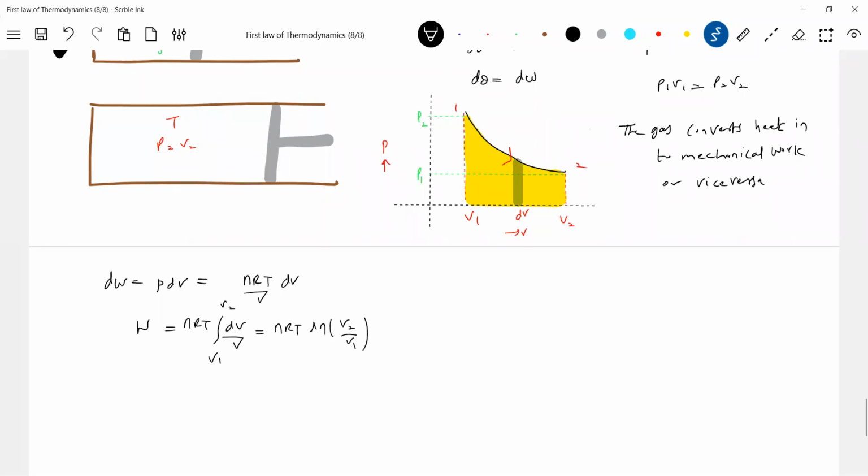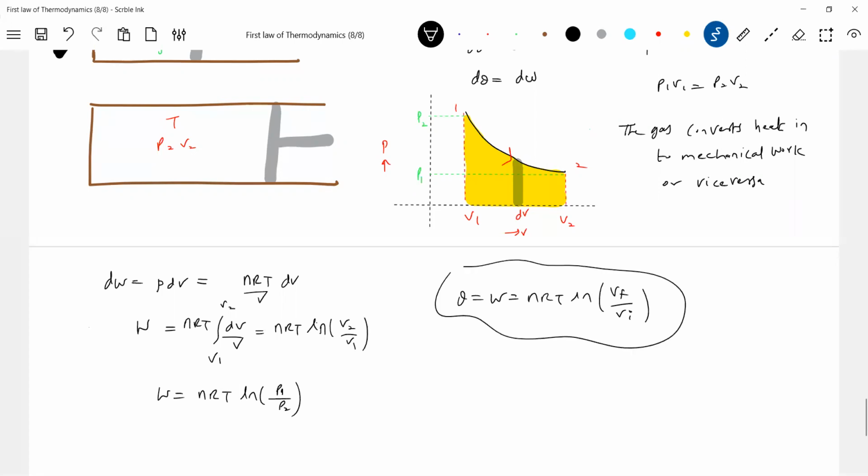So what is the work done? In terms of pressure, if you want to write the same thing, nRT log of P1 by P2, initial pressure by final pressure, or final volume by initial volume. And this should also be equal to Q, no? I think there's a generalized formula, I'm bringing it. So what is an isothermal process? It's a process which will convert heat to mechanical work or mechanical work to heat.